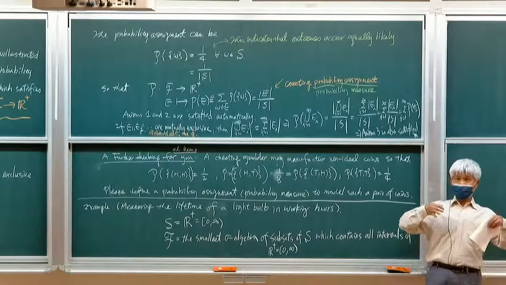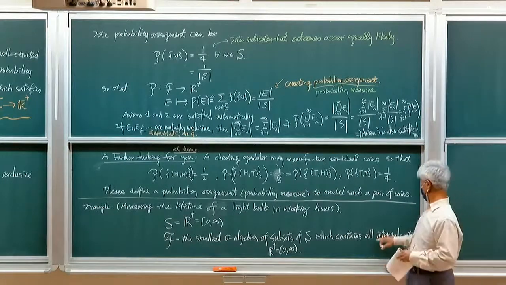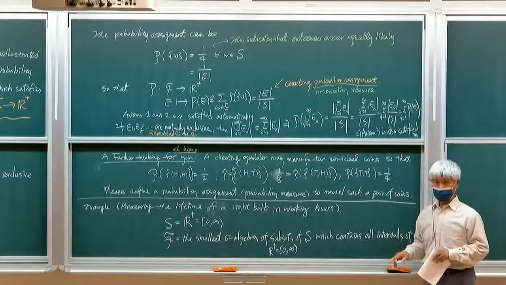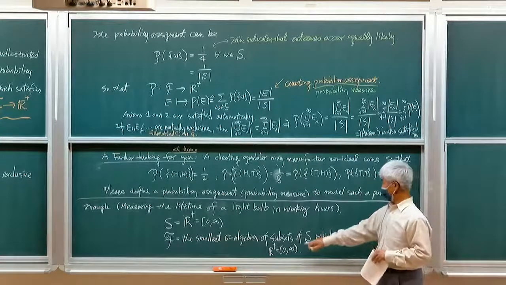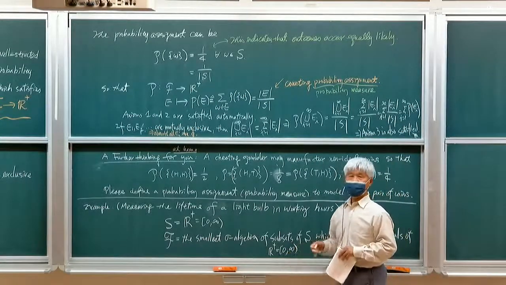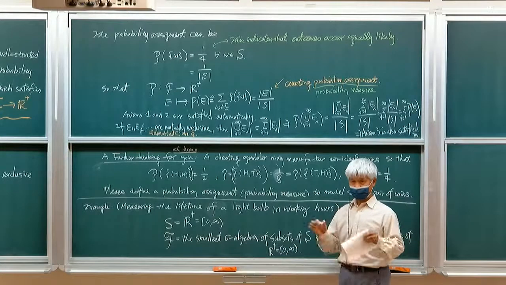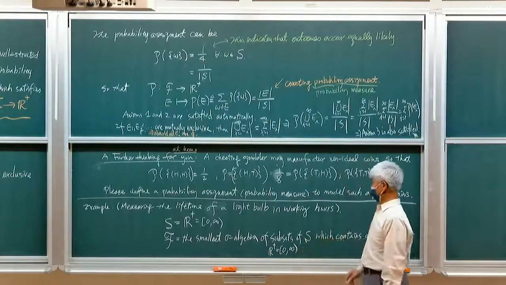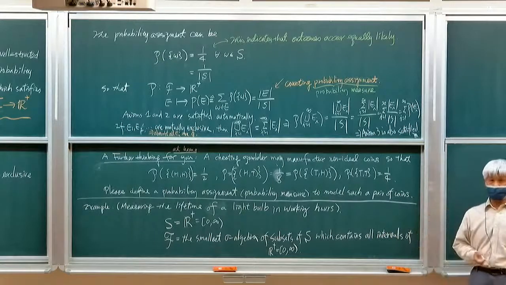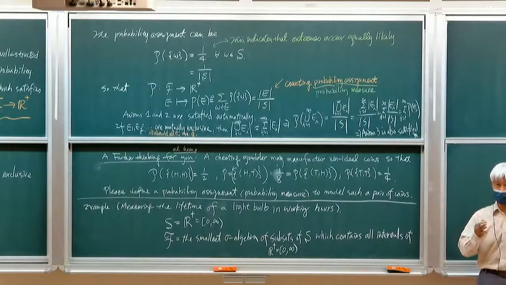So we want to include all intervals of this sample space to be events of interest, or measurable subsets, so that we can assign probability.